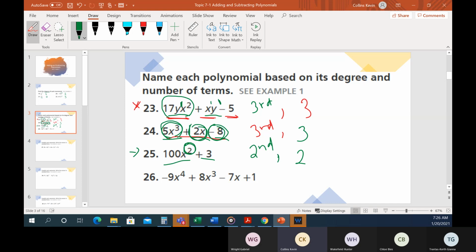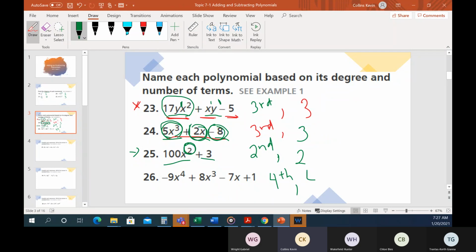What's our degree on this one? What's the biggest exponent we've got here? Yep. So x to the fourth, that means it's a fourth degree polynomial. And how many terms we've got? Again, terms are separated by pluses and minuses.